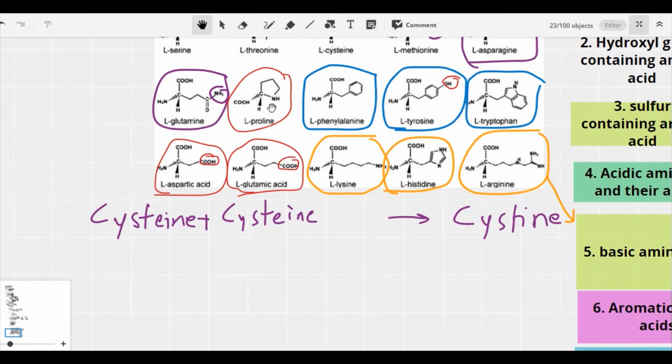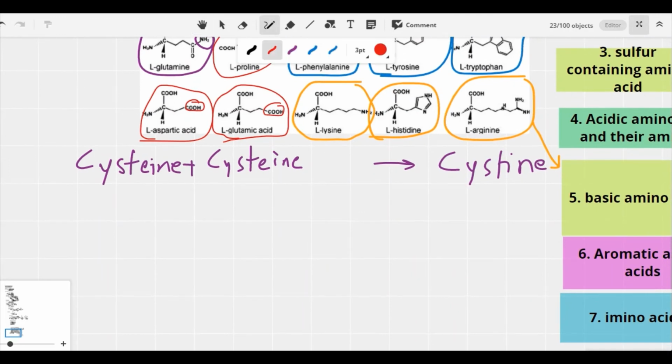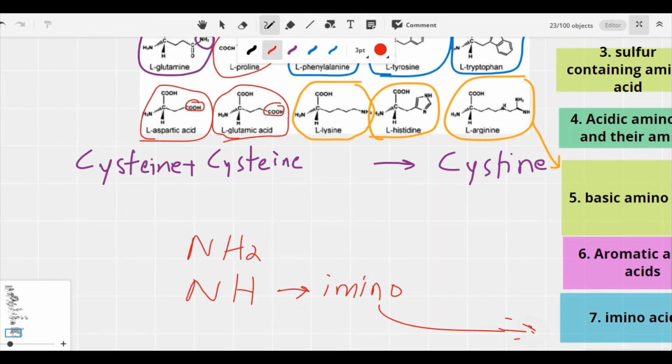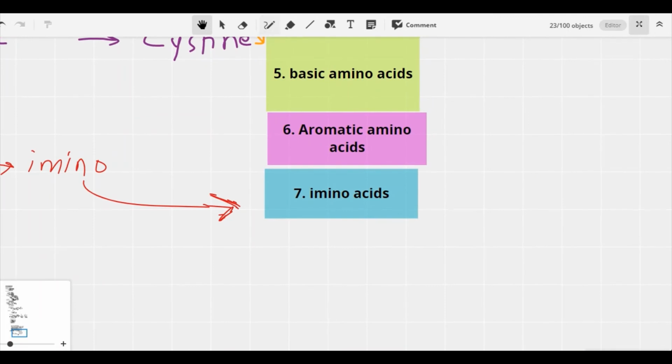Okay, and it is a unique amino acid and it has an imino group instead of an amino group. So that's why it is considered as not containing NH2, so that contains only NH. So it means because of the imino group being present, it is classified into a special category known as imino acid, and the imino acid name is proline.